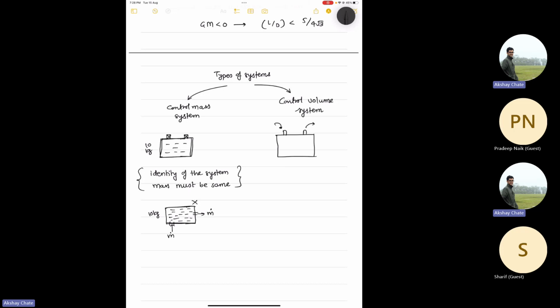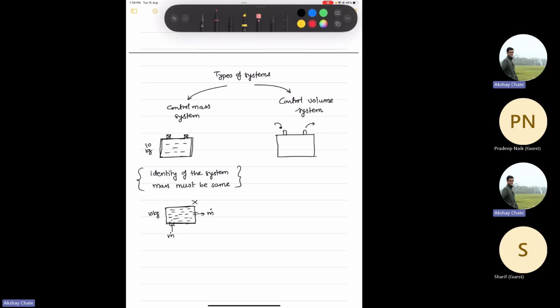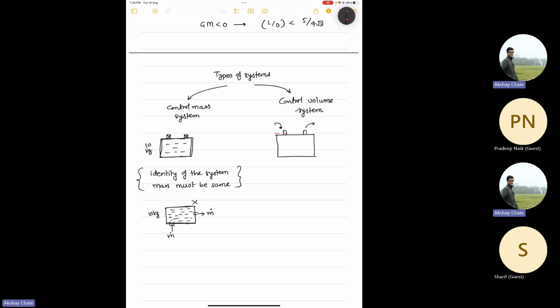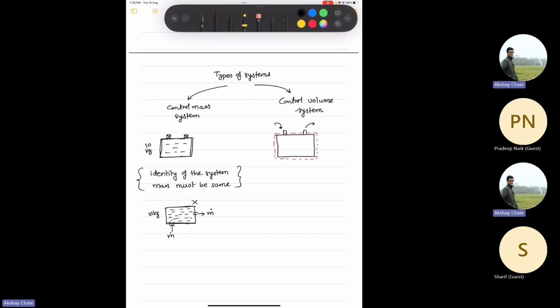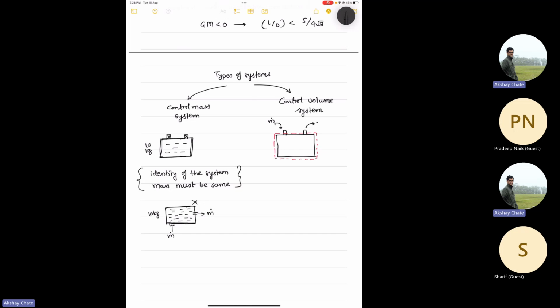And in a control volume system, you don't care about the mass. What you do is fix a certain volume, whatever volume of your choice that you want to observe, and you only observe that much volume. There can be addition of mass, there can be release of mass, so the mass of the system is not constant here. There is mass interaction with the surroundings as well as energy interactions.